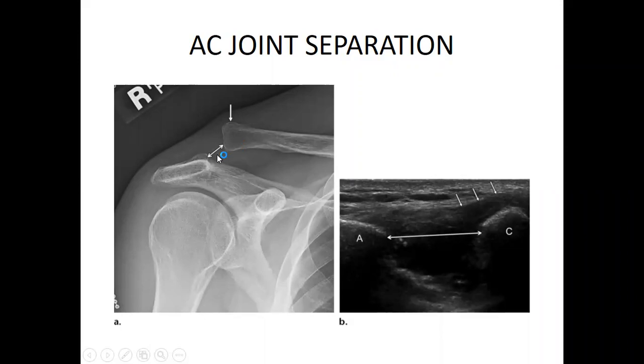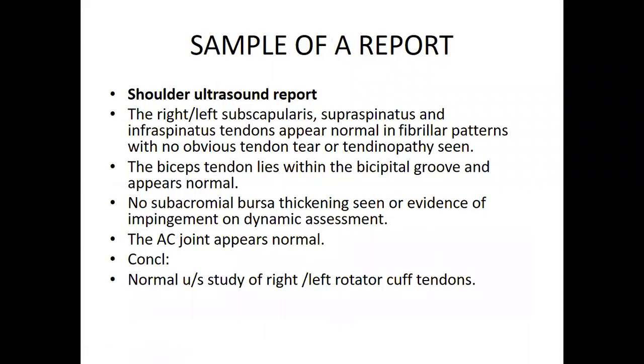Normally, the clavicle almost attaches itself to the acromion portion of the coracoid process, but this widening was confirmed on ultrasound and how it appeared. You can see this widening. The acromion is here and the clavicle is here. The distance is quite huge.